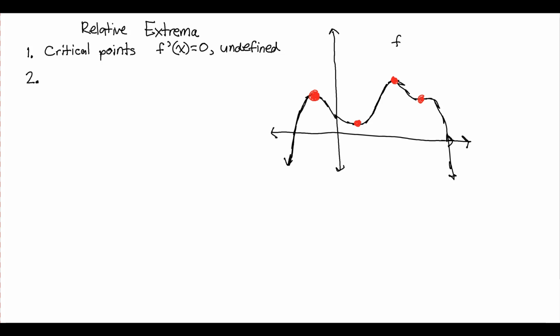Now you have to use what is known as the first derivative test. This one is a big one, because it tells you what type of point it is. Is it a maximum? Is it a minimum? What is it?